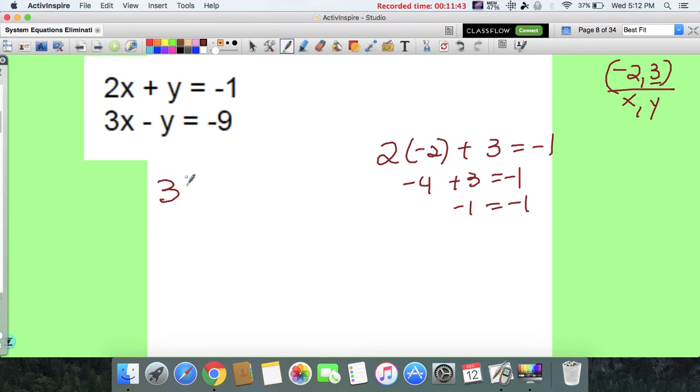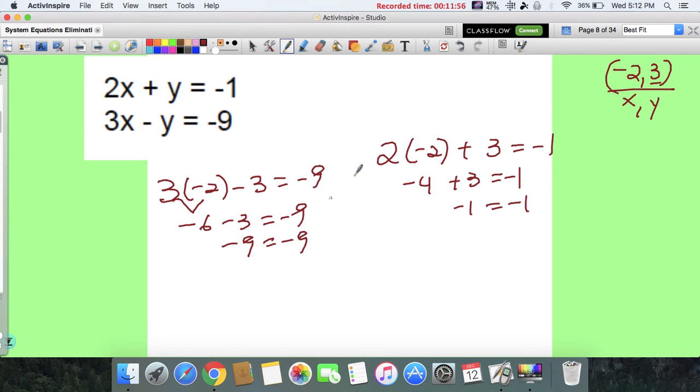Let me take the second equation, 3 times negative 2 minus 3 equals negative 9. 3 times negative 2 is negative 6, minus 3 equals negative 9, and I get that negative 9 equals negative 9.